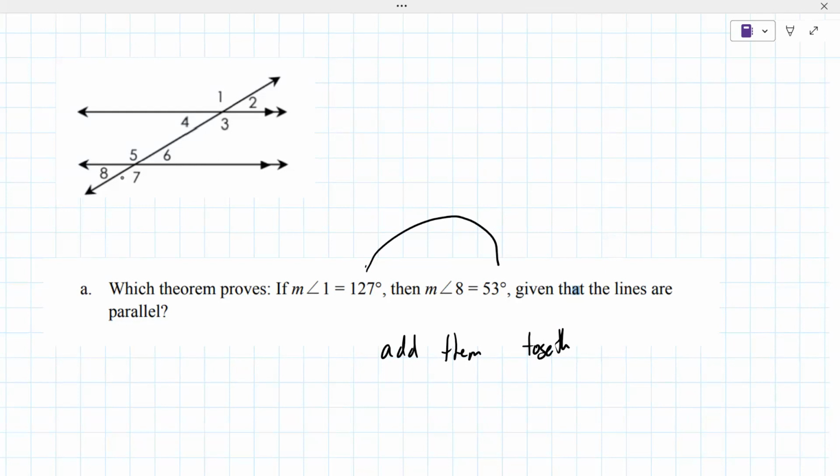Yeah. So these are considered on the same side of the transversal, but they're exterior. Great. So that's what they're looking for, I guess.